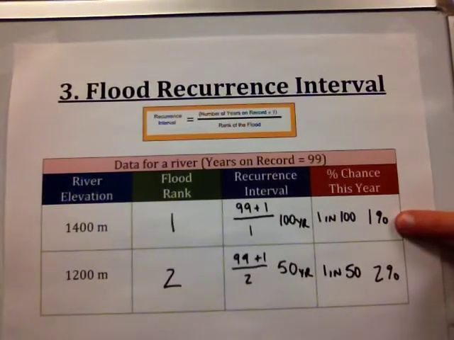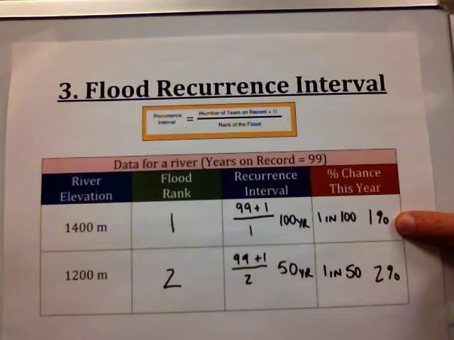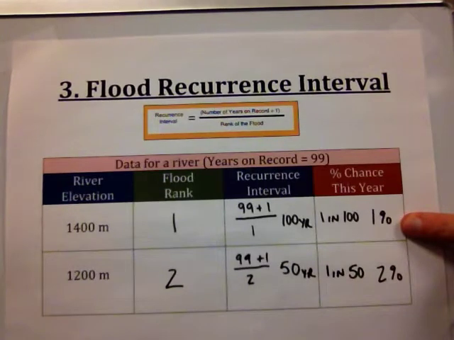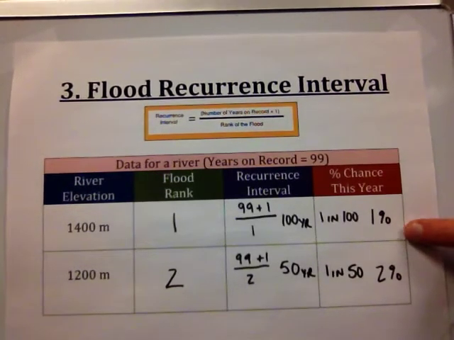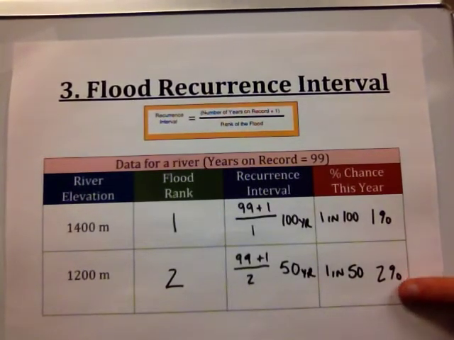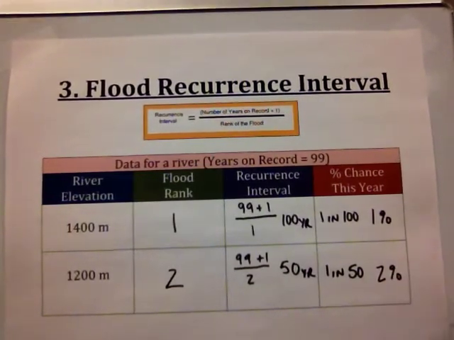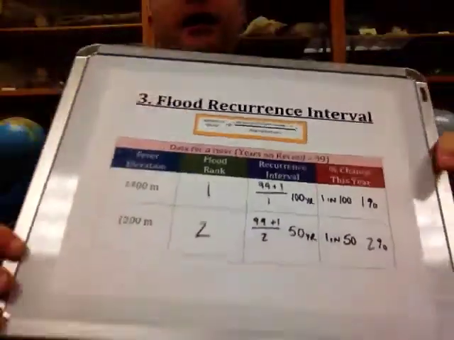You should have a flood this size within a 100-year time period. There are instances, however, where there have been back-to-back years with 100-year floods. Looking at the 50-year flood, there's a 2% chance that a flood that size will happen this year or any year in the record. These are some of the calculations that you can expect to make while doing a streams lab in an intro geology course.